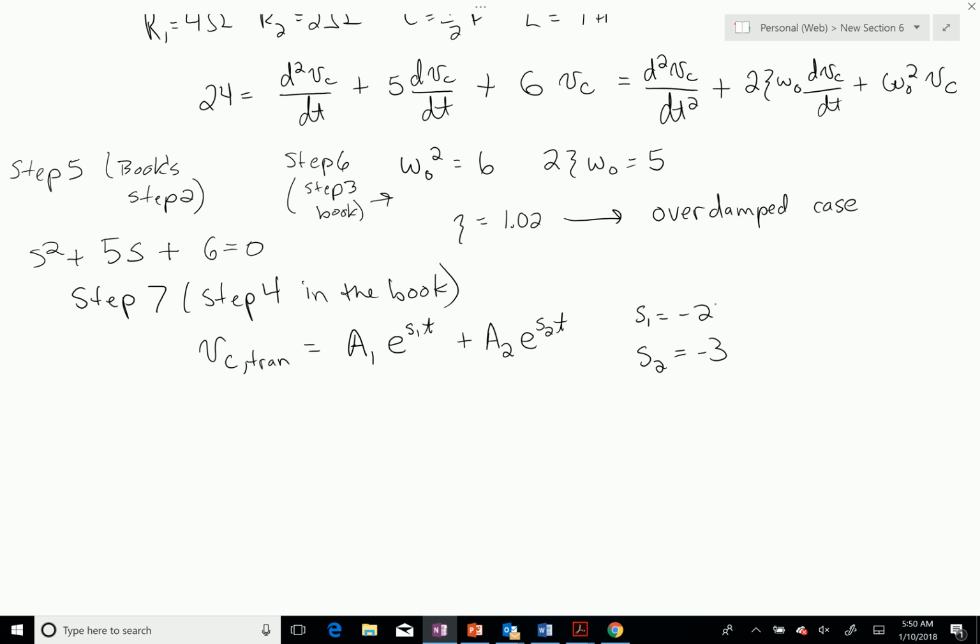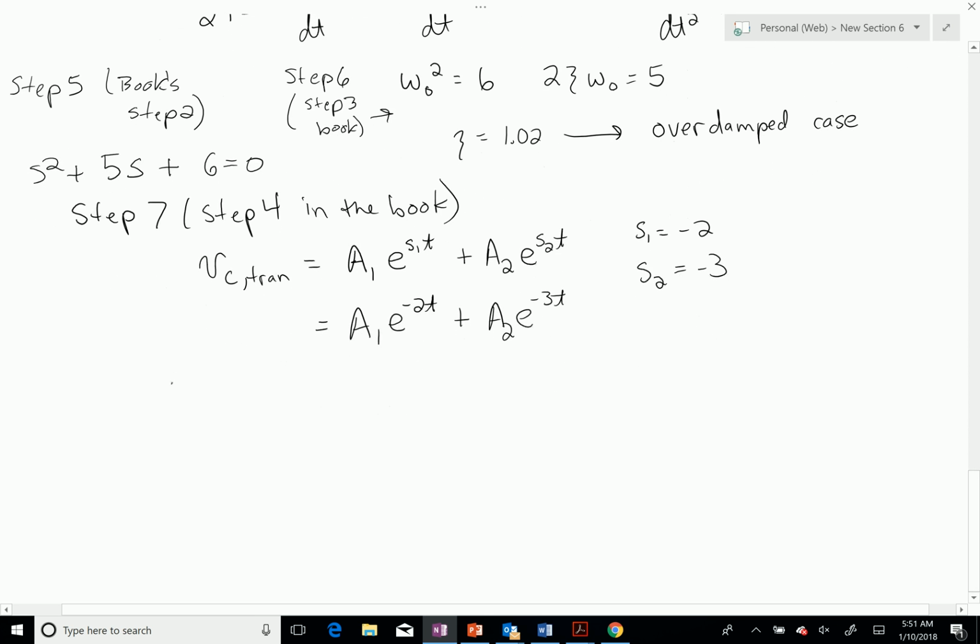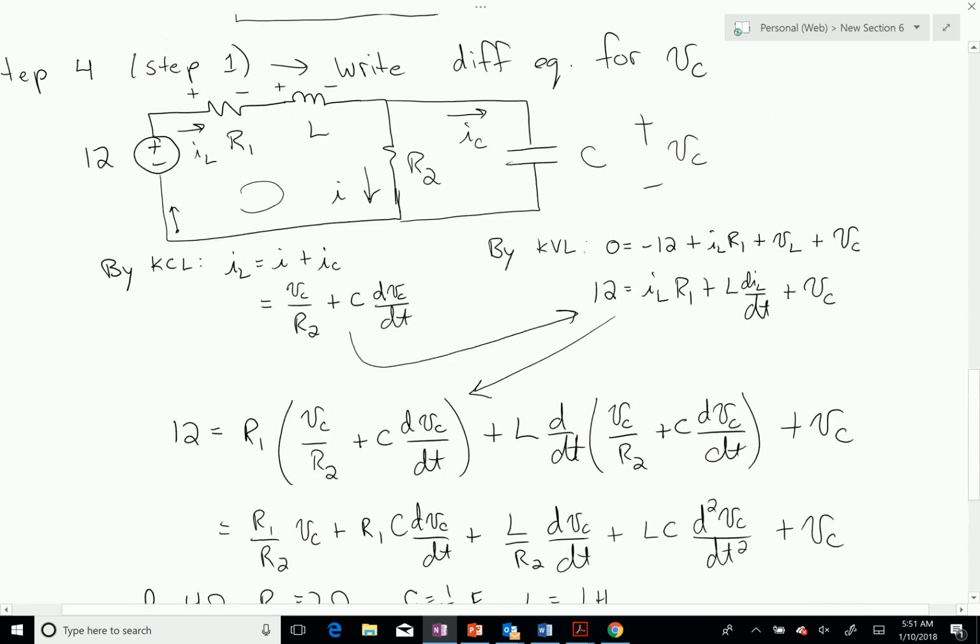Now, that tells me that the transient response is A1 e to the minus 2t plus A2 e to the minus 3t. Okay? That basically tells me that my total response, V sub C, which is V sub C steady state plus V sub C transient, is, I have to go back, what was V sub C steady state?